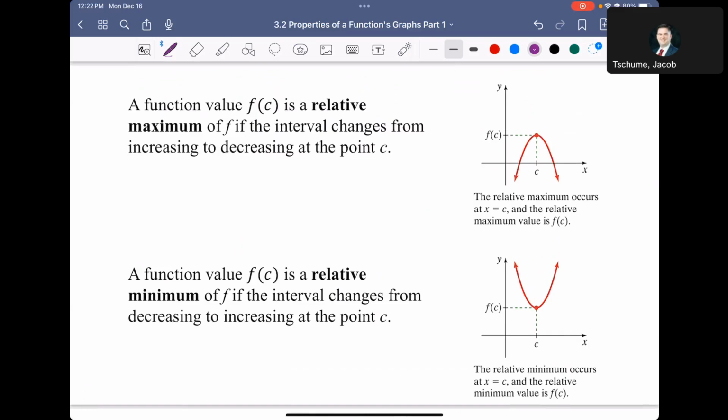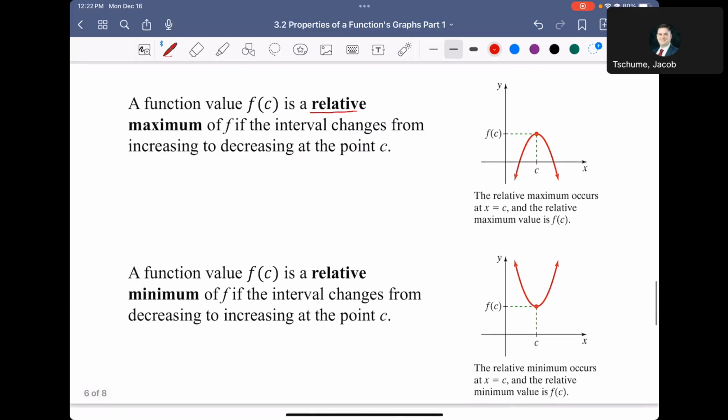But essentially, if we're looking for what's called a relative max, let's go over that one first. A relative maximum will occur if the following happens. If you have a graph, and you can see it here on the right, if your graph changes from increasing to decreasing at a certain point, we call that point a relative maximum.